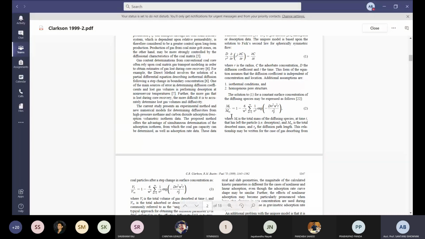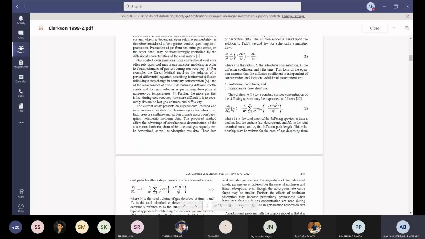Mt means at any point of time t, how much mass is transferred, relative to infinite time. Infinite time means at equilibrium, and how much mass is absorbed at equilibrium is given by M infinity. Mt is the mass absorbed at a particular time t.